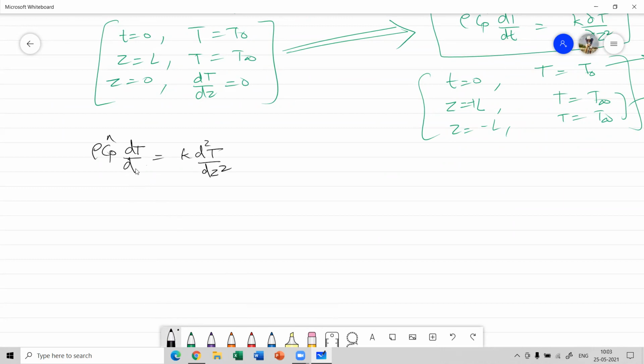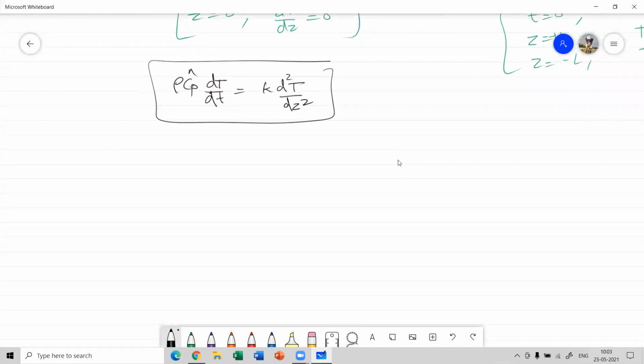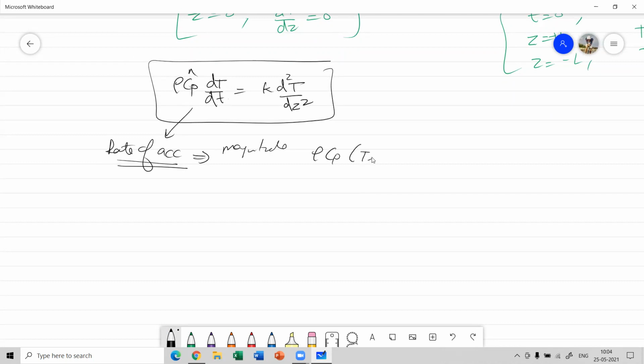If you look at these two terms, this term over here is the rate of accumulation term. And if you look at the magnitude of this, it is basically rho Cp, the temperature difference with respect to time, rho Cp delta T by dt. So it is this thing.